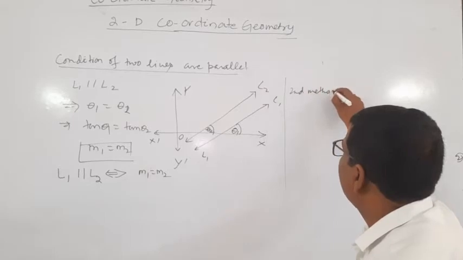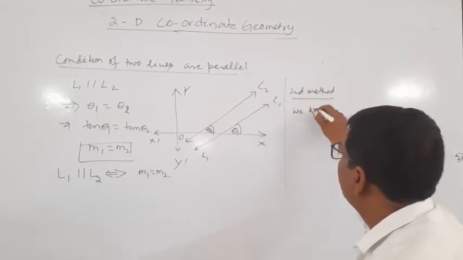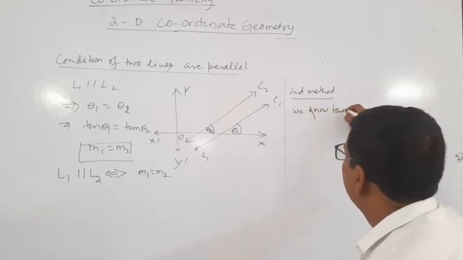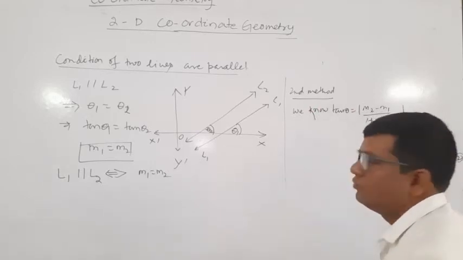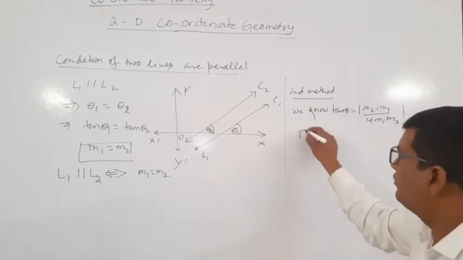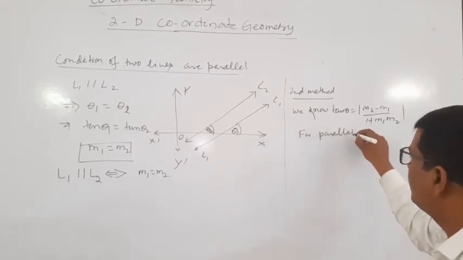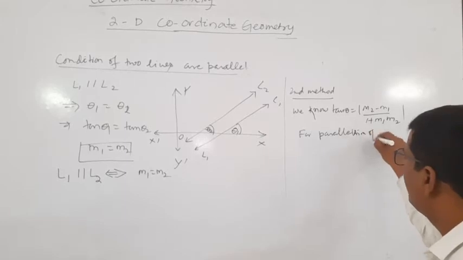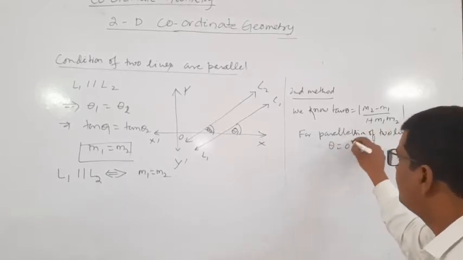We know tan theta is equal to mod of (m2 minus m1) divided by (1 plus m1 into m2). For parallelism of two lines, theta is equal to 0 degree.